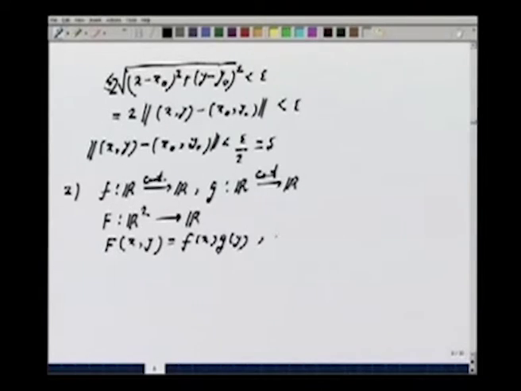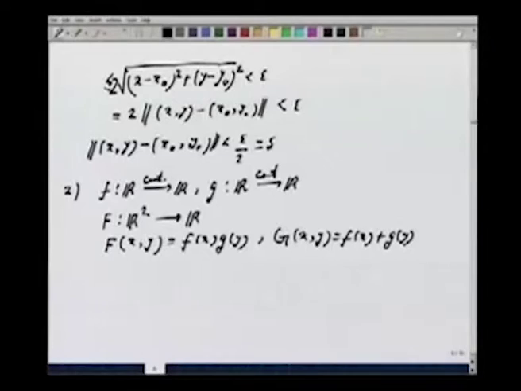I can also define G(x, y) equal to f(x) plus g(y). I say both the functions F and G are continuous functions. Now I will try to prove only that capital F is a continuous function. The proof of continuity of capital G I will leave as an exercise.